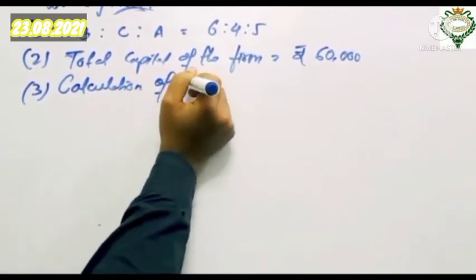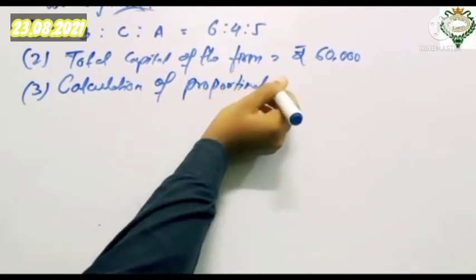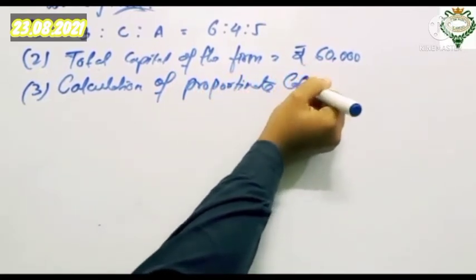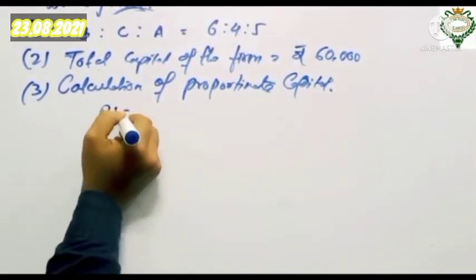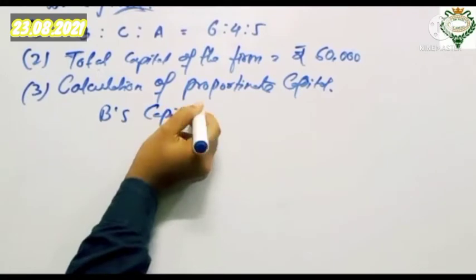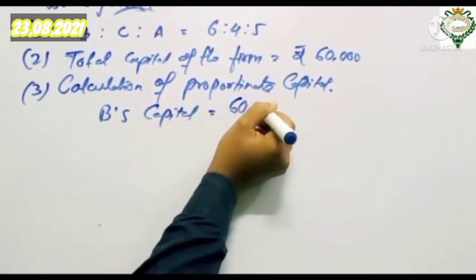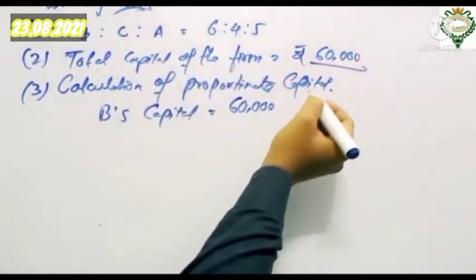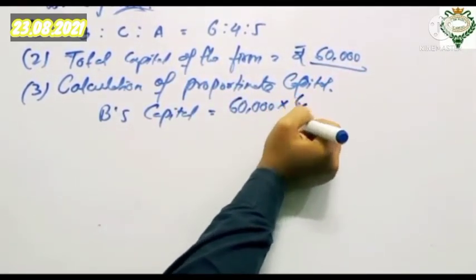Okay, now number 3 is calculation of proportionate capital. So B's capital is 60,000, the total capital which we found, into his ratio 6/15.